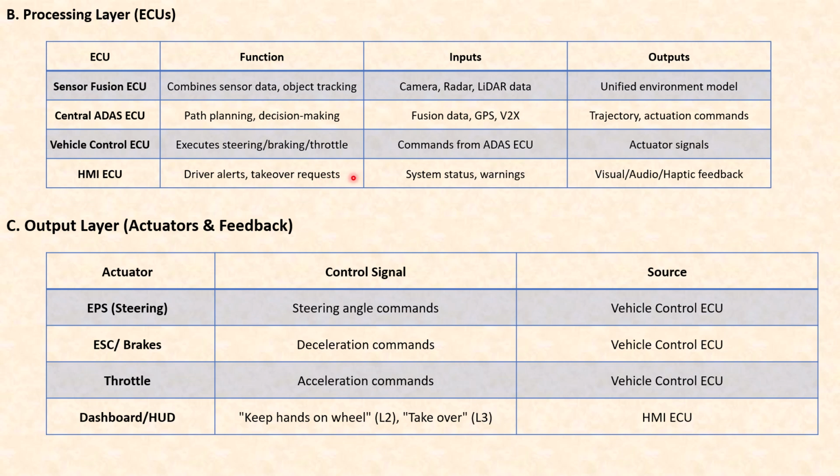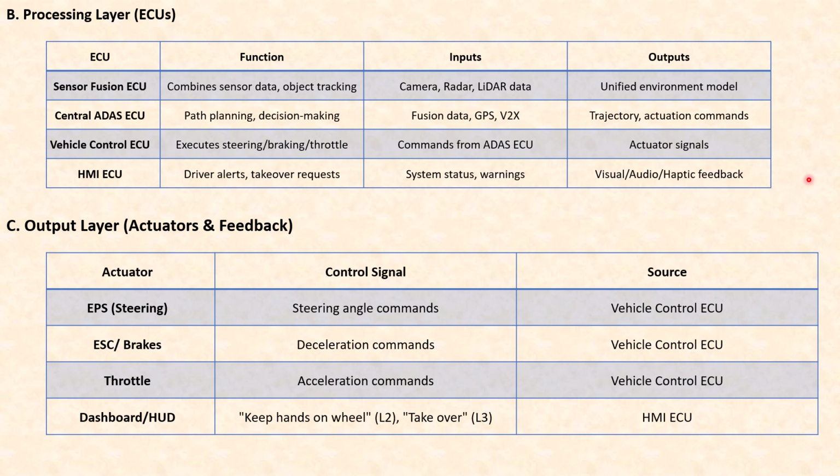For example, the vehicle is driving in level 3 and suddenly the vehicle understands that it cannot handle the situation, then it asks the driver to take over. Now coming to the input, this is the system status and warnings, and coming to the output, visual, audio and haptic feedback is the output. I have mentioned many times to you what is meant by haptic feedback.